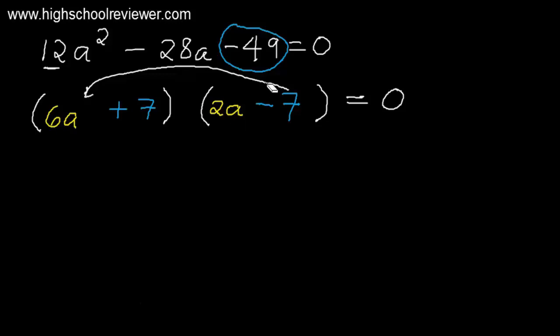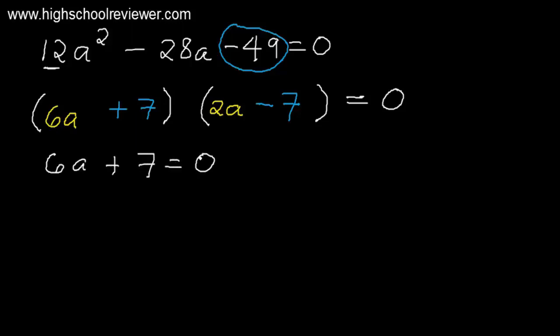Okay, let's erase this first. Now, to solve for the value of a, we have here 6a plus 7 equals 0, and we have here 2a minus 7 equals 0.